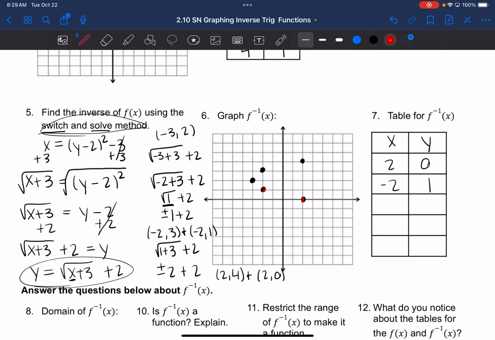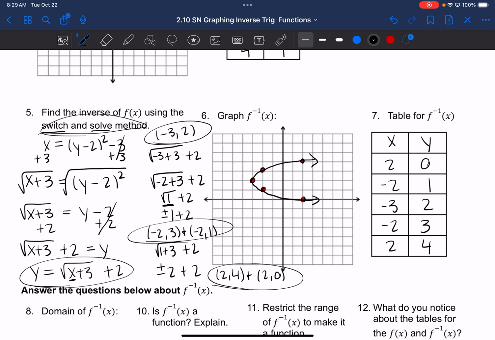Okay. And then we have this point out here, and then we've got a point up here, which is at negative 2, 3, and then finally this point up here, which is at 2, 4, right? All right, so it looks like the table is all these points that we just came up with by plugging in some values, right?